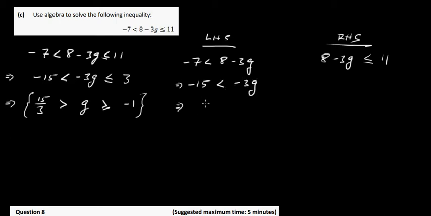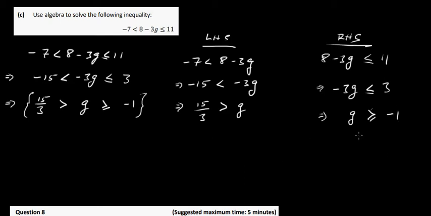Divide by the -3, so that'll just give you 15 divided by 3. You've got to flip this around because you divided by -3. You've got g here. Here, subtract 8 from both sides, -3g less than or equal to 3, and then divide by -3 here, and you've got to flip around the symbol as well, so you get minus 1.